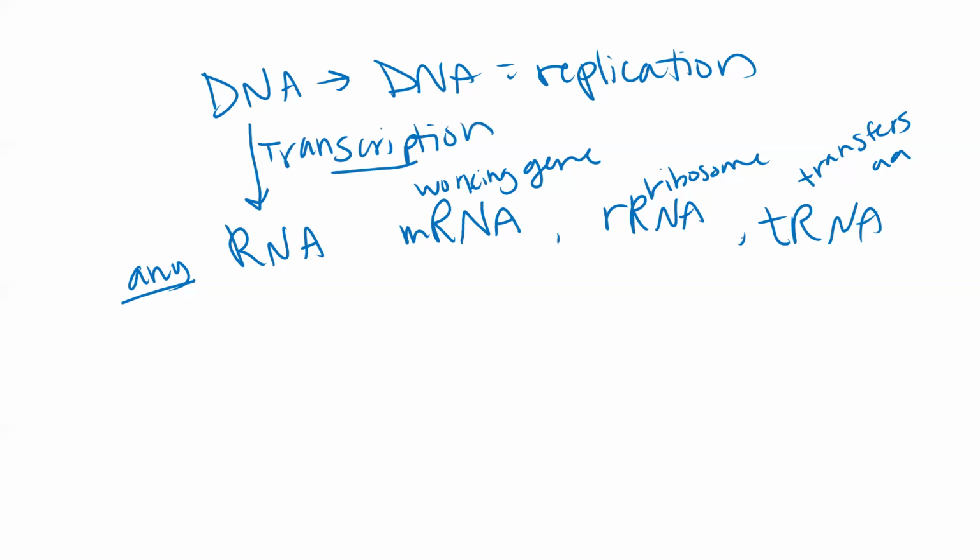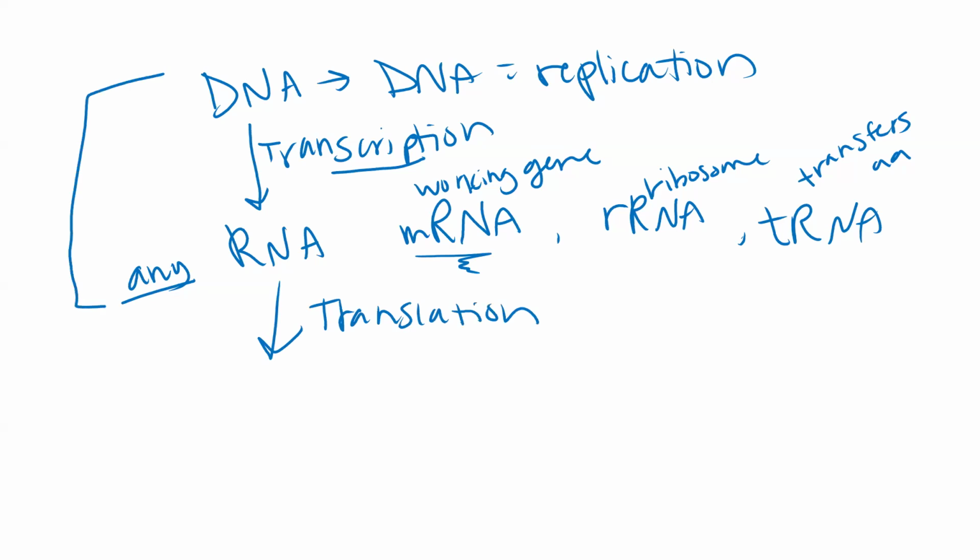It's like script or writing, same language. And then going from RNA, such as the message encoded by our messenger RNA, to protein is translation, translating the nucleic acid language into the amino acid language.